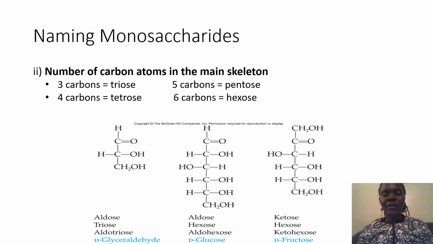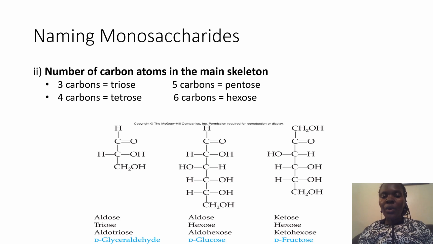The second criterion for naming of monosaccharides is the number of carbon atoms in the main skeleton. If you are talking about 3 carbons, we're talking about a triose, 4 carbons tetrose, 5 carbons pentose, 6 carbons hexose. That's how simple it is.